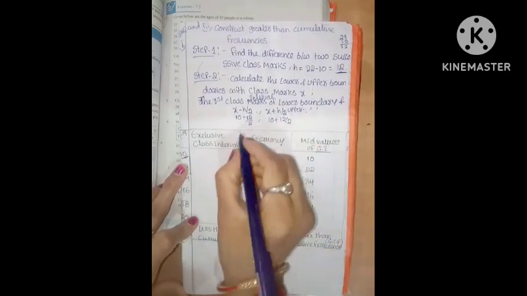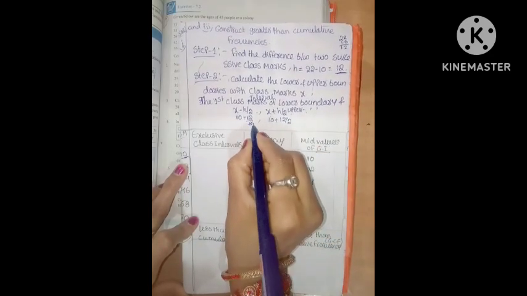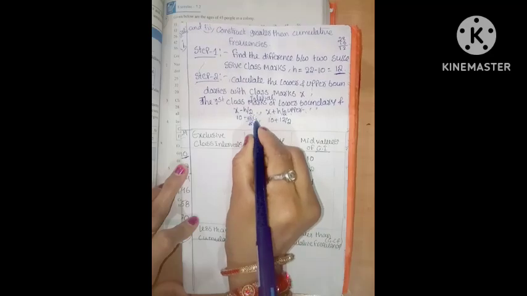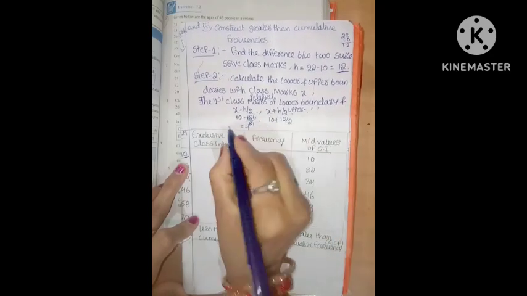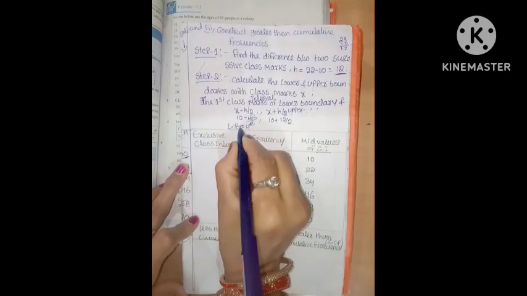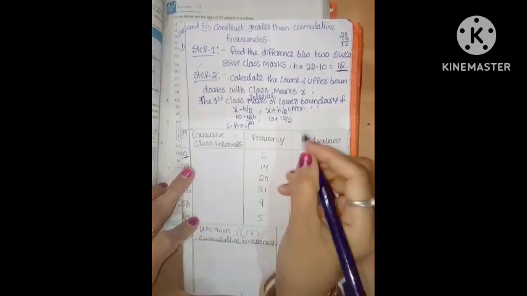Simplifying, 12 by 2 is 6, and 10 minus 6 is 4. The lower boundary of the first class interval is 4.